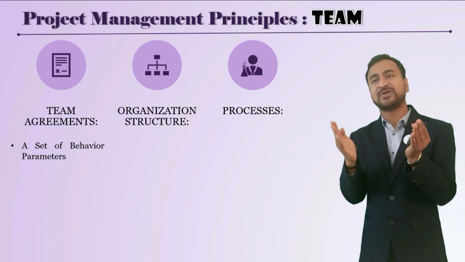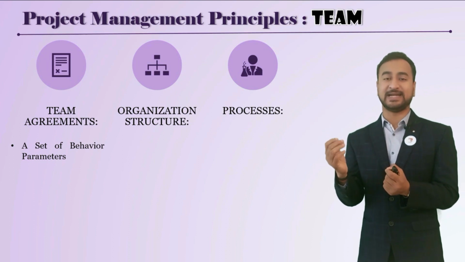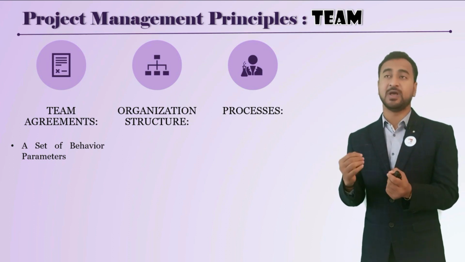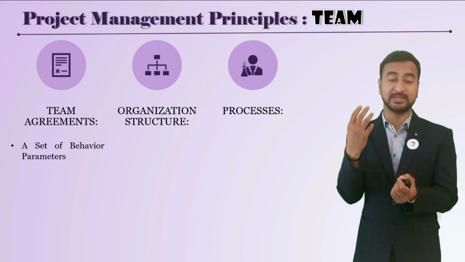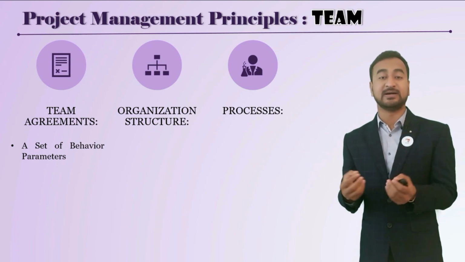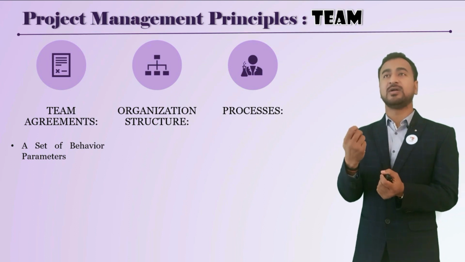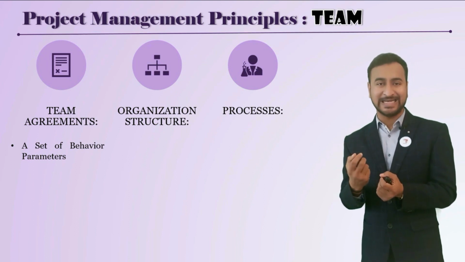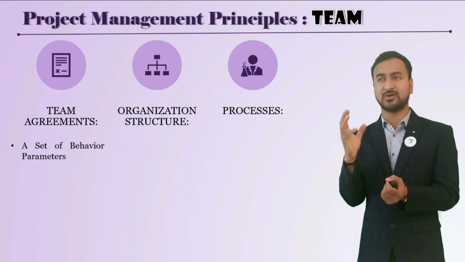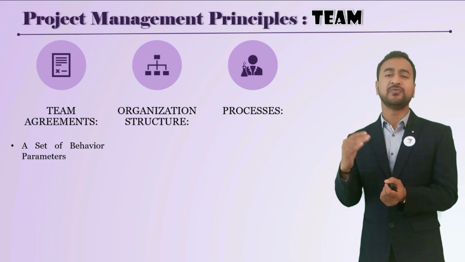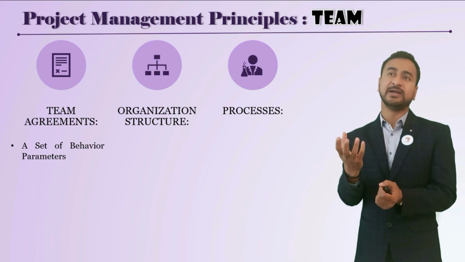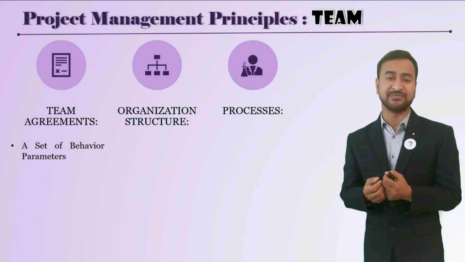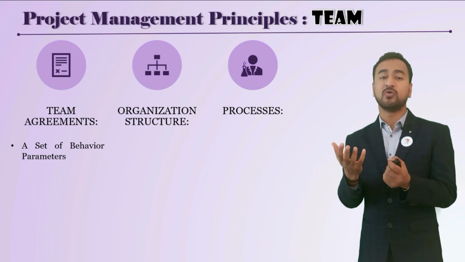So team agreement is a set of behavior parameters, or we can say ground rules. There is a diversified team who belong to different nations, sometimes different religions, working together, and they have a soft corner or emotional sentiment for their religion or certain things. So you should respect the team members and the different spiritual practices to which they belong.